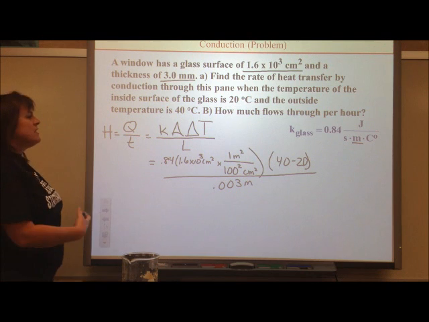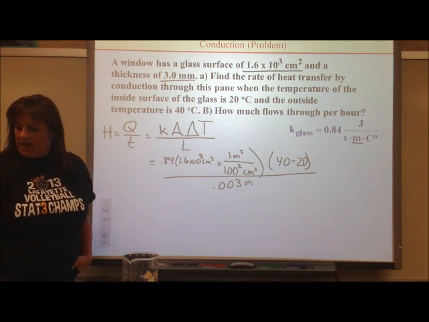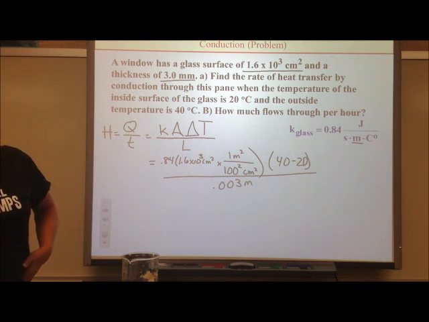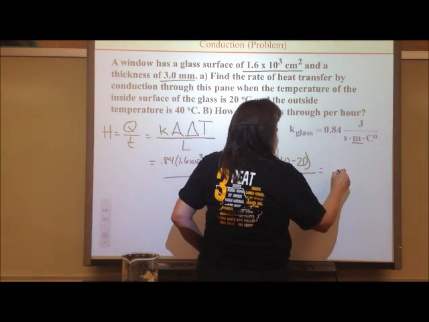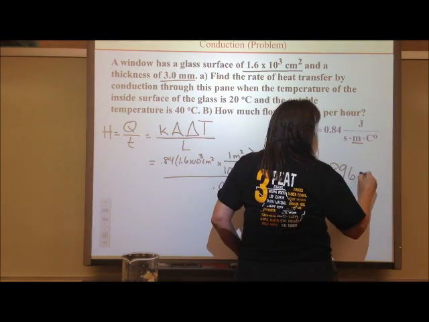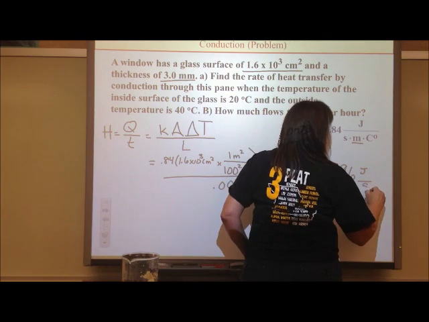All right, so now it's just a matter of plugging some numbers into your calculator. If you do that correctly, you should get 896 joules per second.